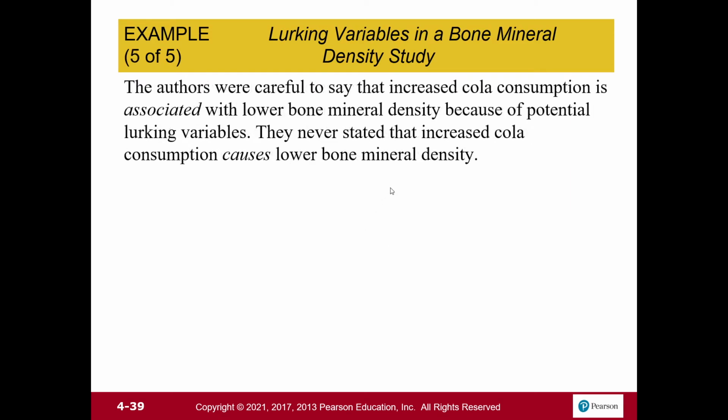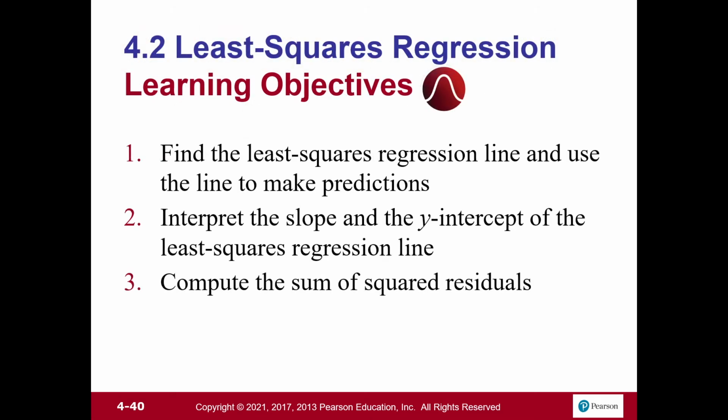So that's one thing we've got to think about. Section 4.2 is the least squares regression line. Sometimes we call this the line of best fit. This is the line that we use to make predictions.